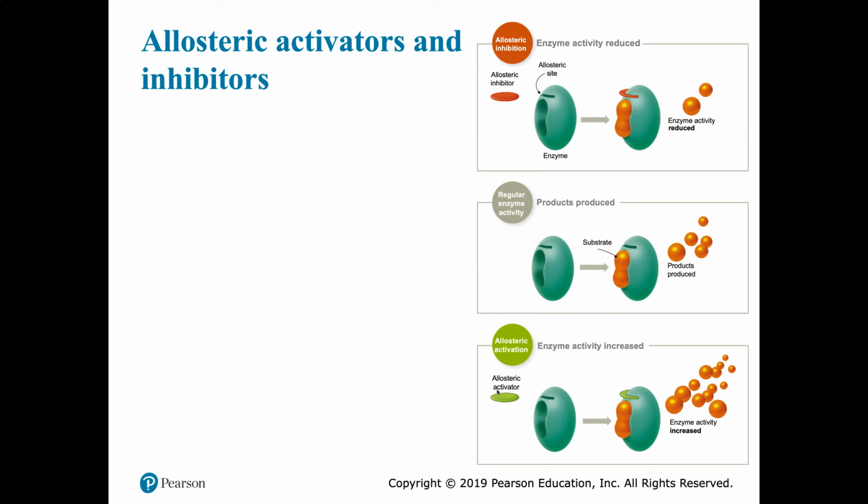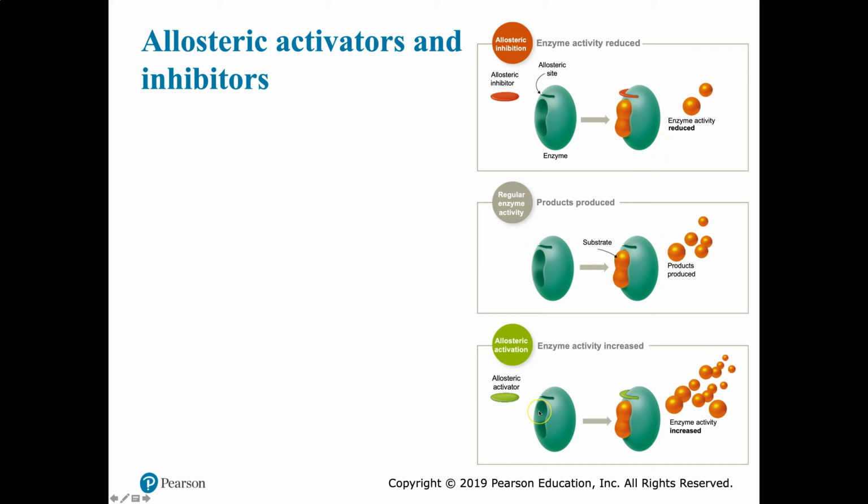And then this just shows allosteric inhibition versus what I just said with the activation. Don't worry about the bottom one here. This is the one we're focusing on: the inhibitor binds to the allosteric site and then it slows or stops the rate of the reaction. The middle one here is just normal.